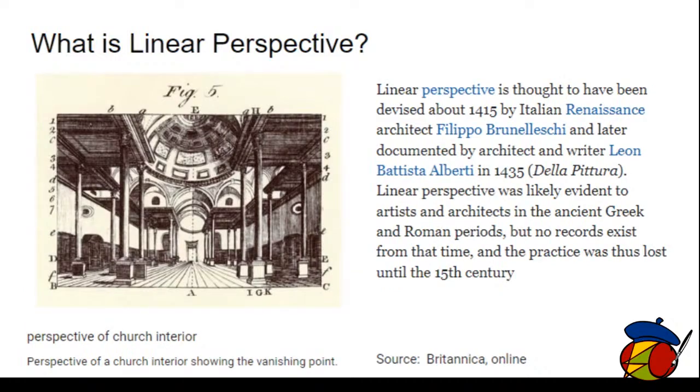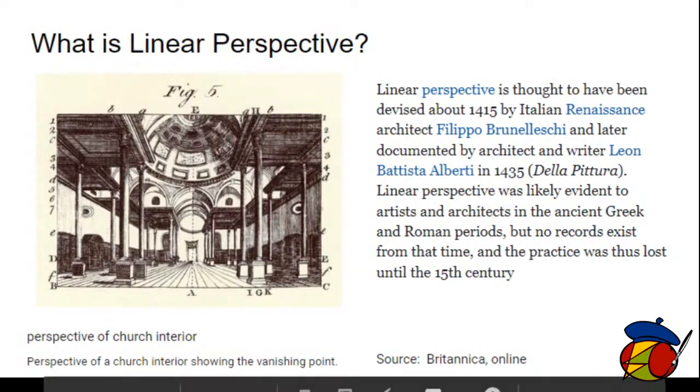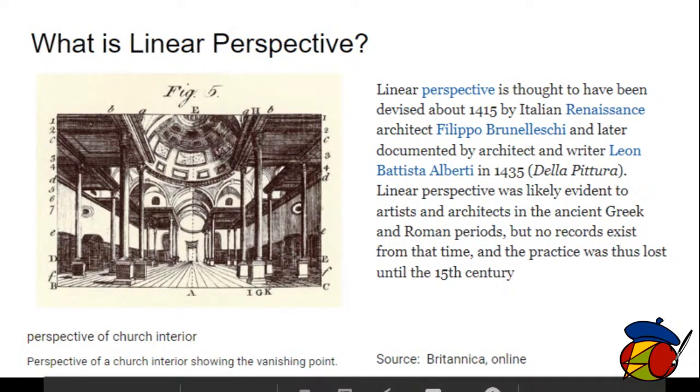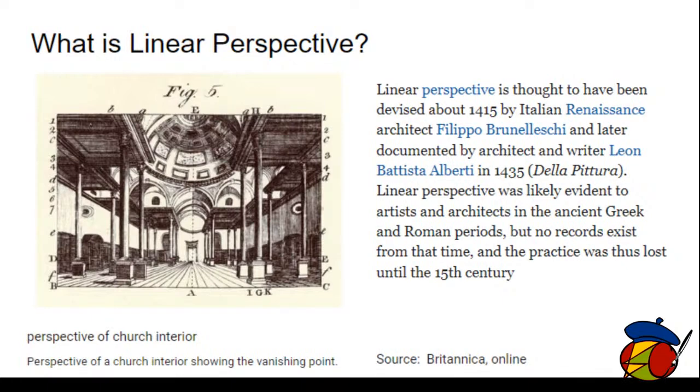You can't really see that well here, but you can see it definitely in this perspective drawing of the church interior. And this shows the vanishing point, which the perspective lines, or the orthogonals, which in reality would be parallel, but because of the illusion and the way we see, everything converges to a point.